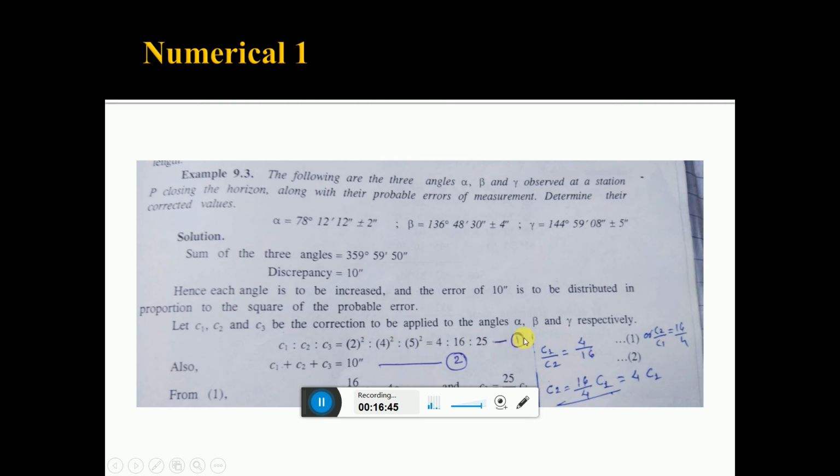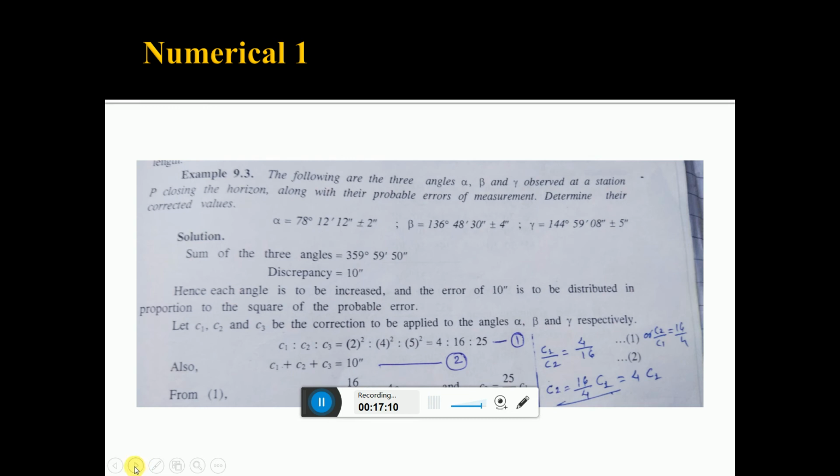This is equation number 1. Also, the summation of all the corrections must be equal to the error, because the total error must be equal to the total correction, only with opposite sign. If the error is negative, correction will be positive. If the error is positive, correction will be negative. So here we can write C1 plus C2 plus C3 is equal to 10 seconds.